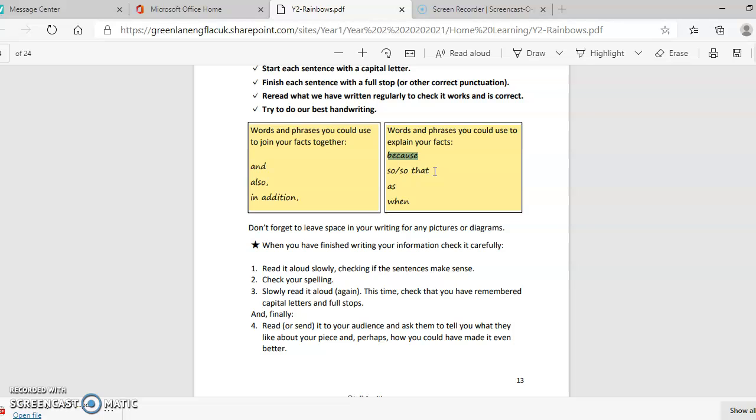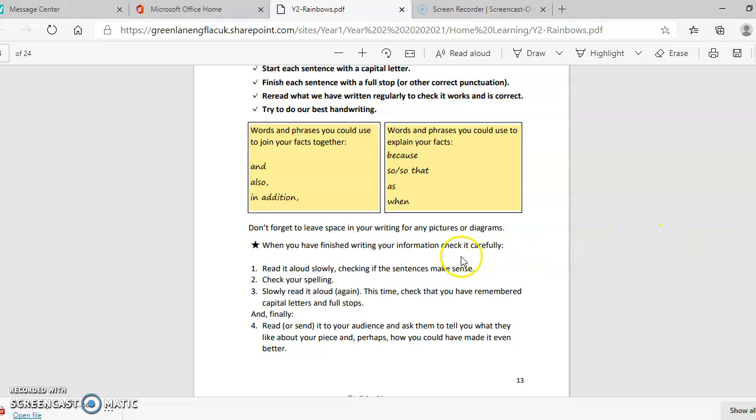Because, and then you can carry on with that, can't you? So I'd like you to be using some of these conjunctions in our work as well. So you could perhaps have this piece of paper and see where you could fit these words in there as an extra challenge using conjunctions in our work.